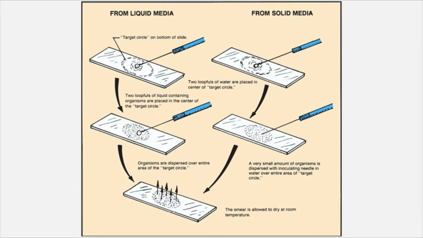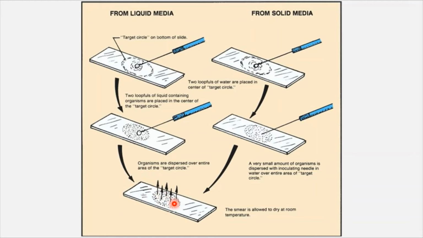The process of staining and smearing is one that we will do in the lab, but to give you a quick overview of how this process works, essentially a sample of bacteria or other microscopic organism is transferred onto the surface of a microscope slide and spread in a small area between the size of a dime and a quarter.